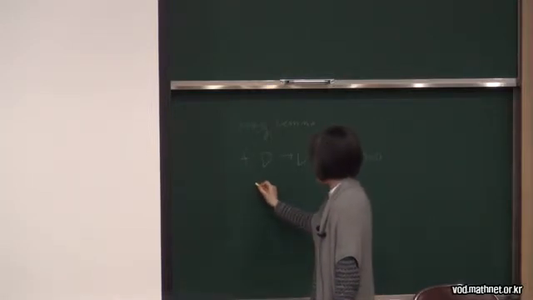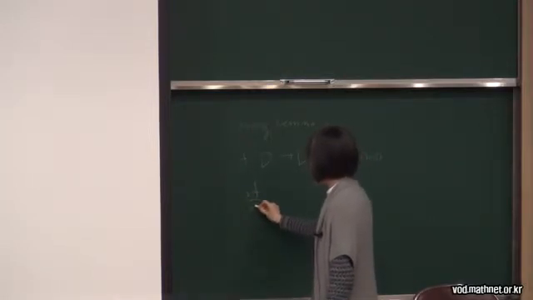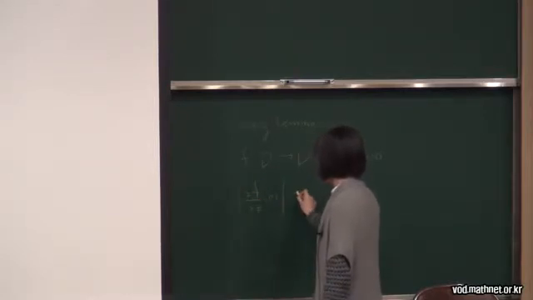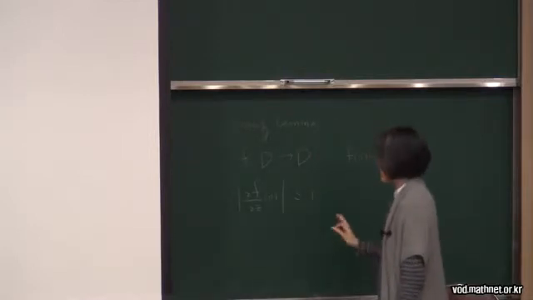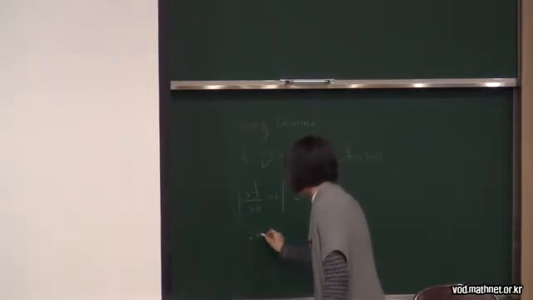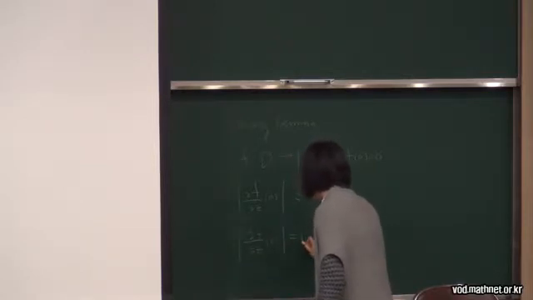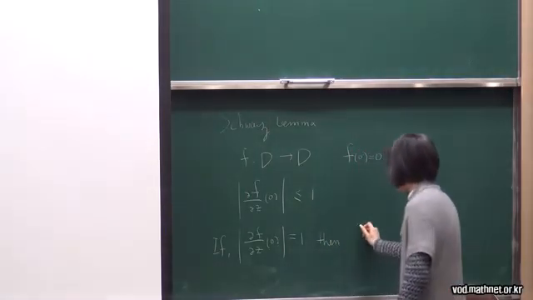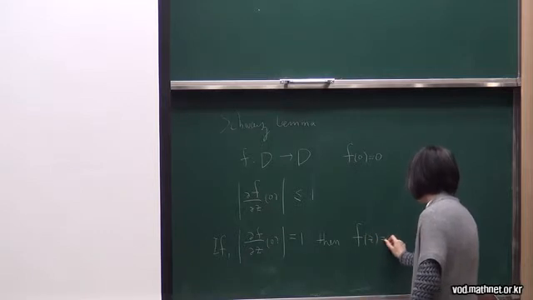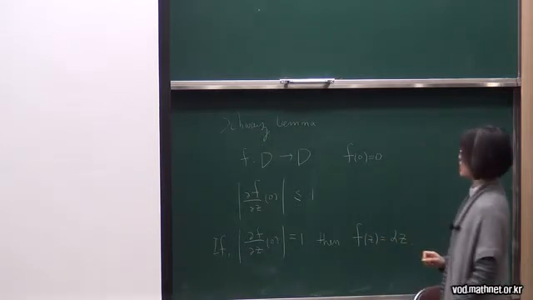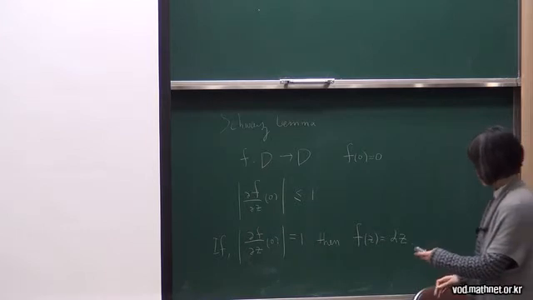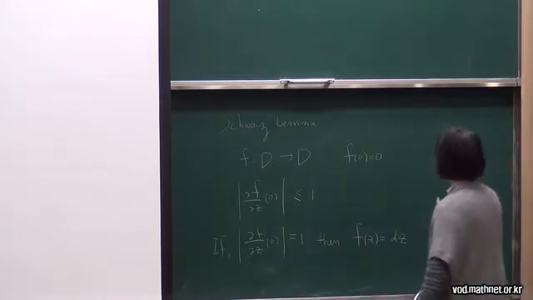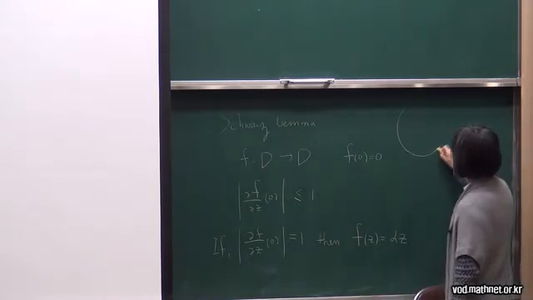Then the absolute value of F is less than 1, and if it is exactly 1, then F is just a linear map. So this is the Schwarz lemma. We apply the Schwarz lemma in the higher dimensional case like this.